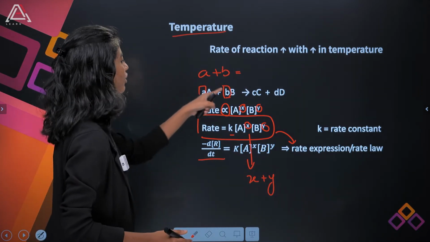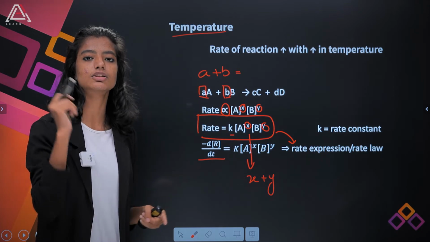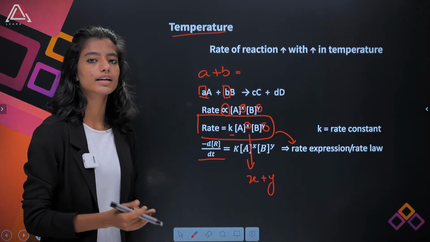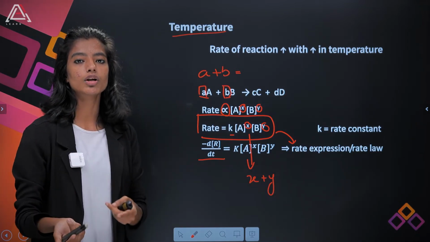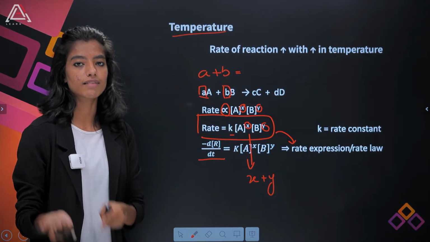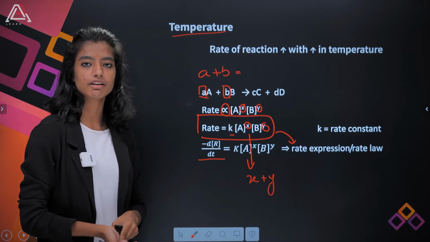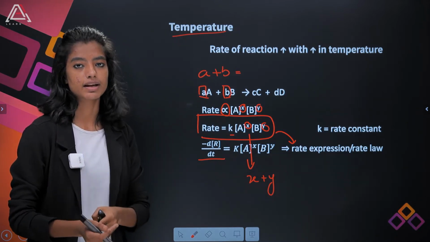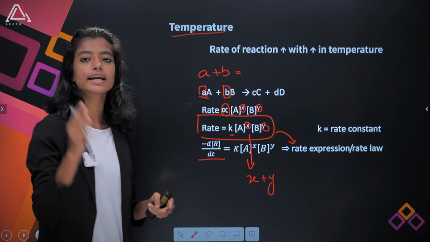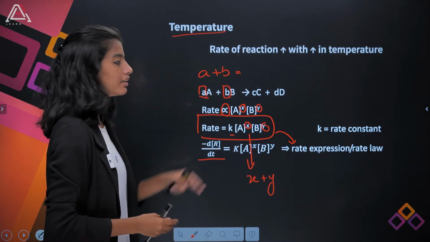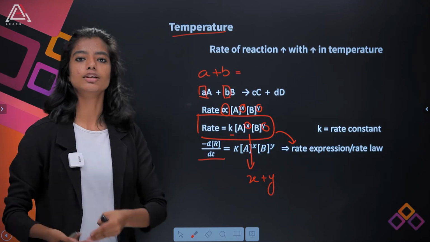It is the number of reacting species which must collide to bring about a chemical reaction. So a plus b gives the molecularity, which is a theoretical value. x plus y gives the order of a chemical reaction. Now, the molecularity cannot be 0, but the order can be 0 or fractional.